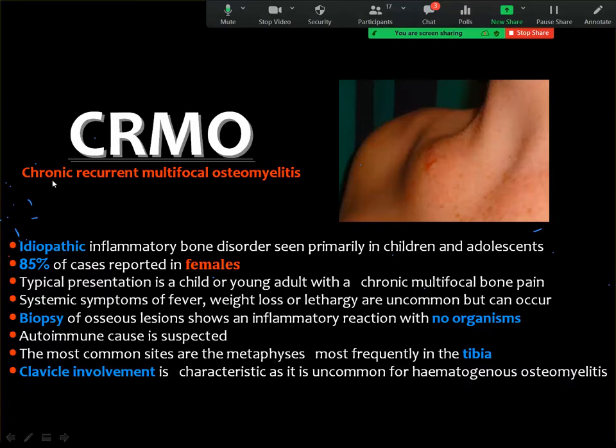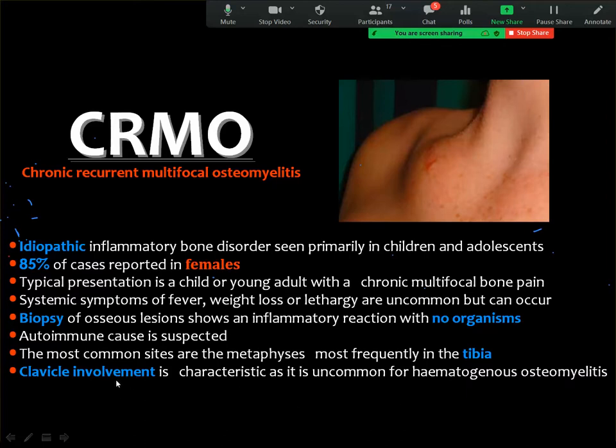And you know that this is chronic, recurrent, multifocal, so that it can come back, and there are no signs or symptoms of significant infection. But sometimes you get mild fever, you get weight loss, and the most common site is the tibia, and the clavicle is usually involved.